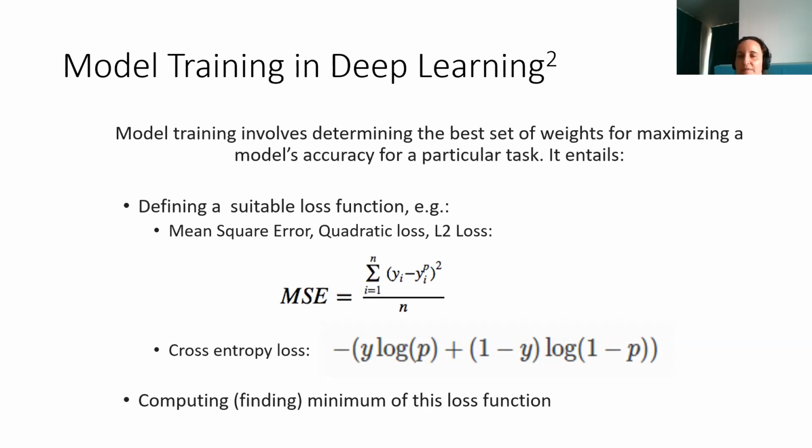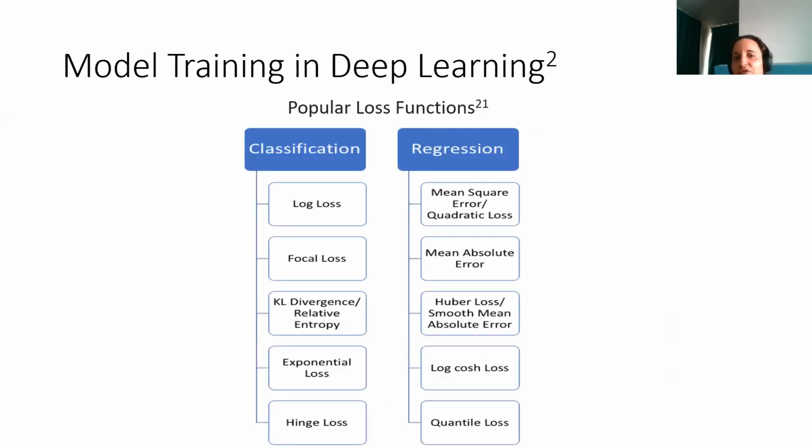Once we define this loss function, we compute its minimum. The optimization problem that we have is to find the values of the weights that identify the minimum of this loss function.